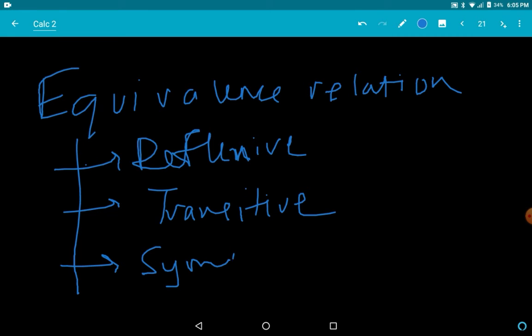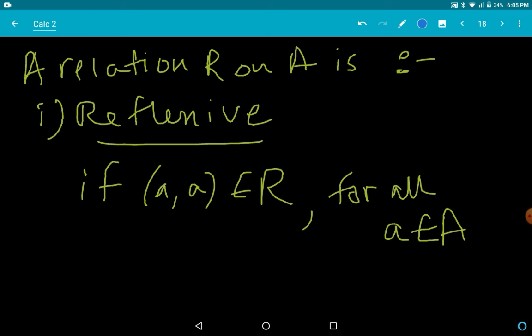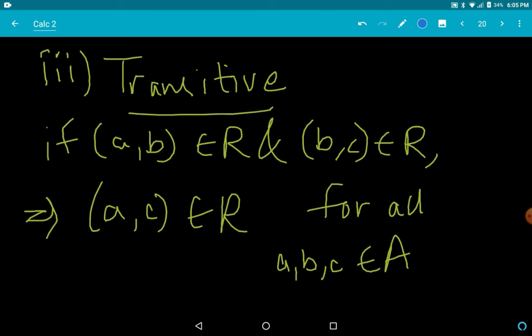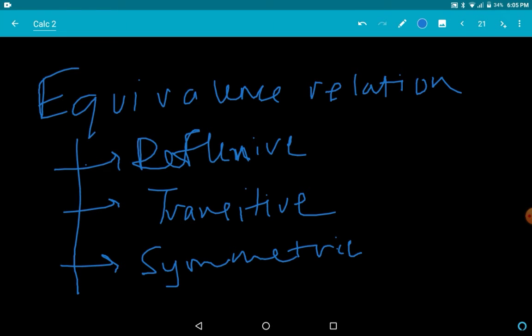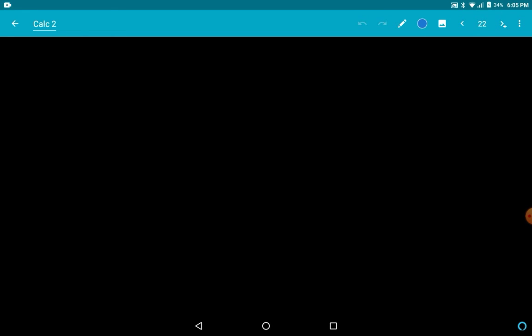Means if it follows all three I told at the back, reflexive, symmetric, and transitive, then it is called an equivalence relation. Let me give you an example of the equivalence relation so that you can understand.